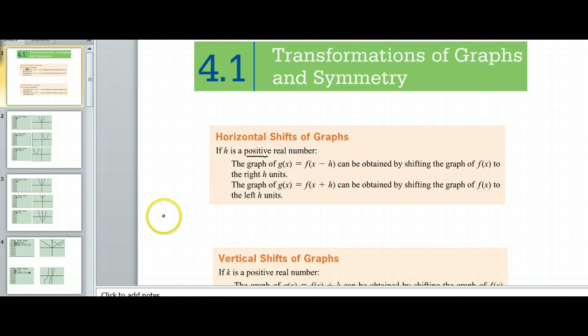So for instance, if g of x equals x minus 4 squared, what this is saying is this is the same as the graph of just plain old y equals x squared, but shifted to the right 4 units.